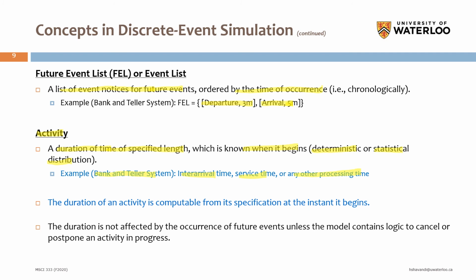And usually the duration of an activity is not affected by the occurrence of the events, unless we have some logic in the system that the order of occurrence of the events may have impact on the duration. Okay.